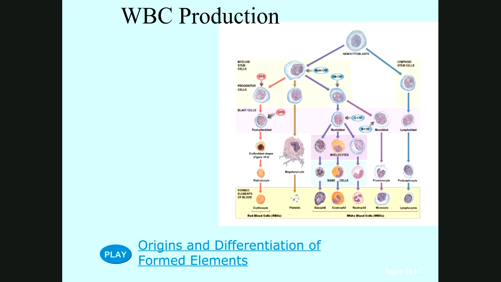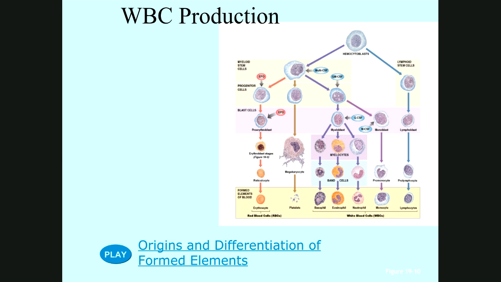And a lot of granulocyte stimulating factors can cause this differentiation. So the myeloblast stem cells will develop into myelocytes, which then develop into basophil, eosinophil, or neutrophil granulocyte cells of the white cells.